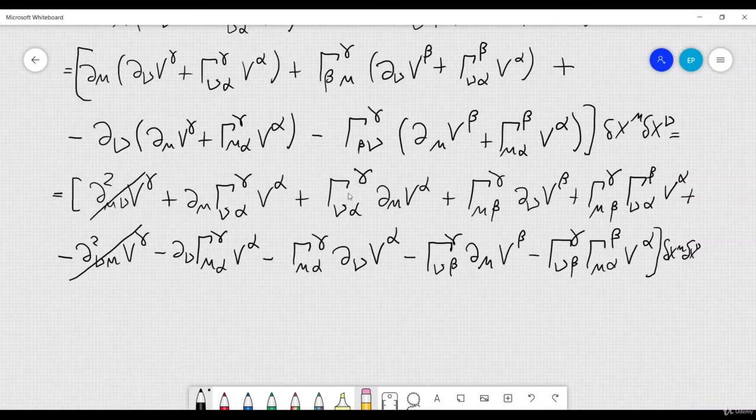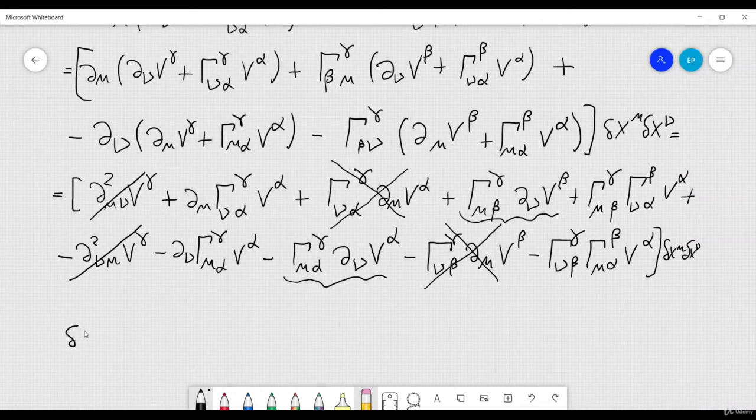Then we also have this term here, which will cancel if you take a look at this one, because beta and alpha are dummy indices, and if you take a look at these expressions, they are the same with different signs, so they will cancel out. And then we have this one, which will cancel this one for the same reason. Beta and alpha are dummy indices. So this expression will simplify quite a lot.